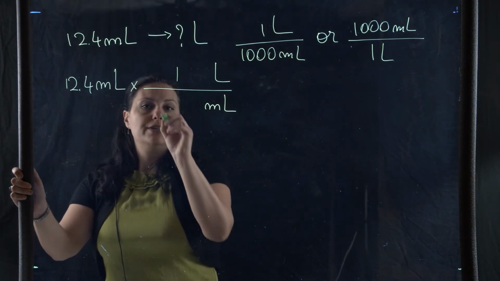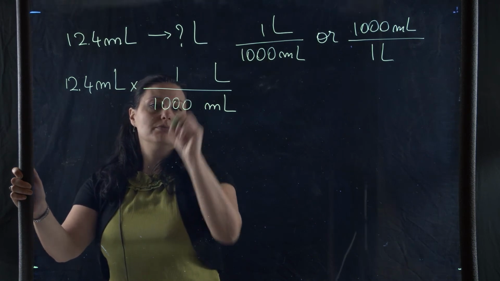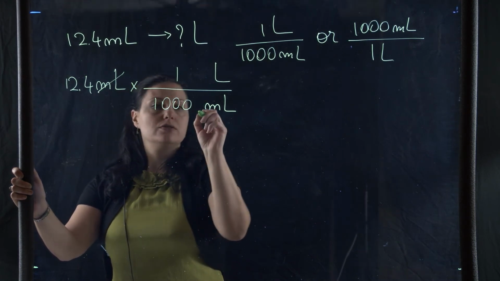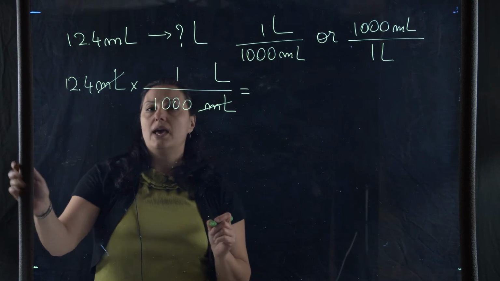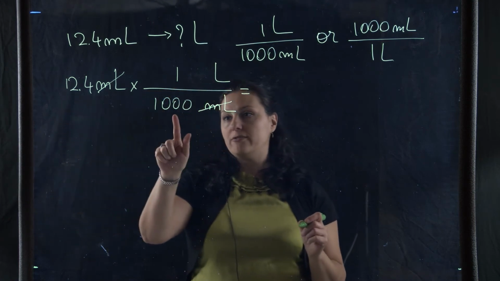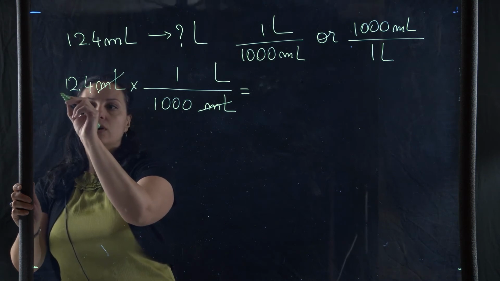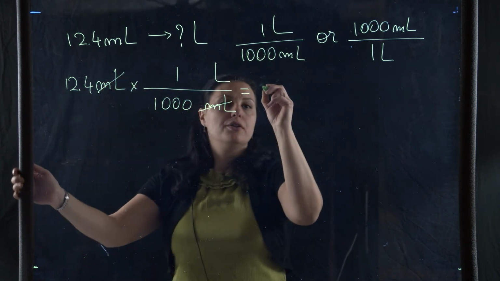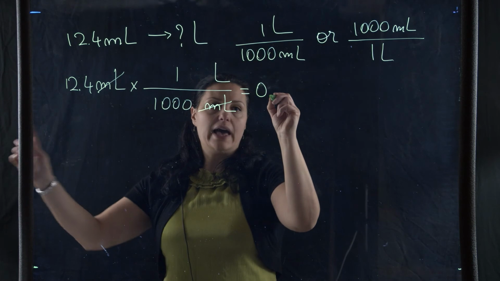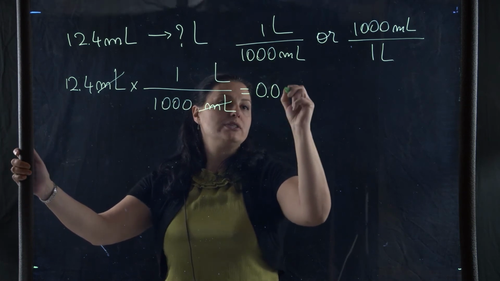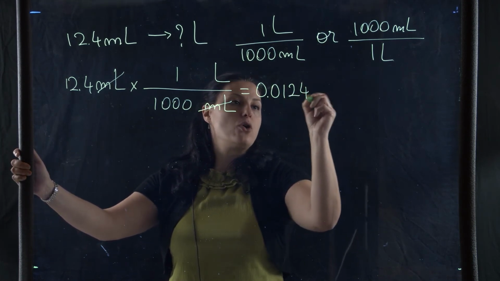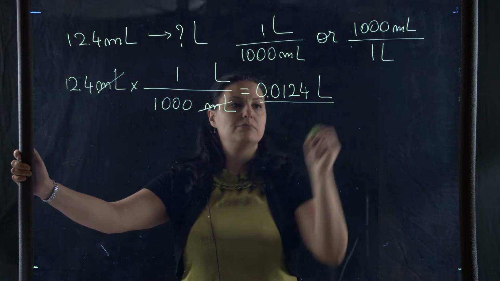And I know 1 liter has 1,000 milliliters. My milliliters will cancel, and I take 12.4 and divide it by 1,000, which means I move my decimal point 3 places to the left, so 0.0124 liters, and this is my answer.